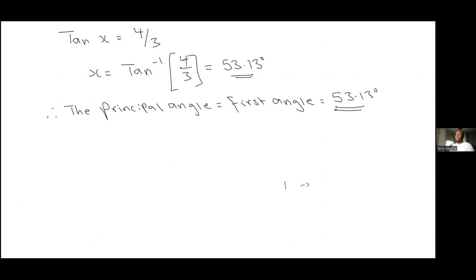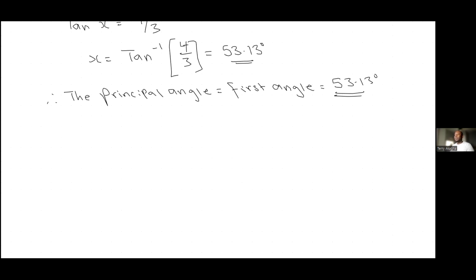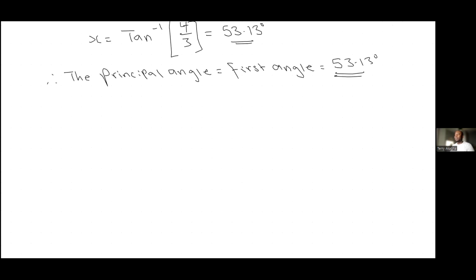Let's move on quickly. I'm going to use the same method I used in the previous videos to find all the solutions. The first thing to do is to write down the first angle. The first angle is 53.13 degrees.